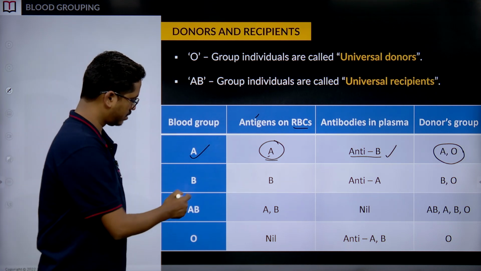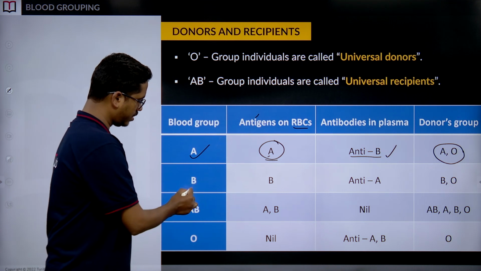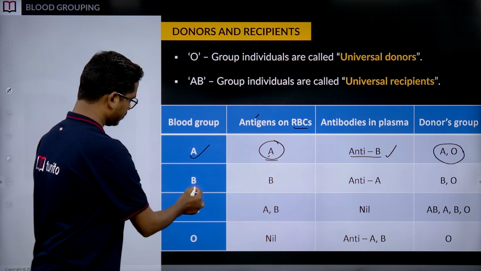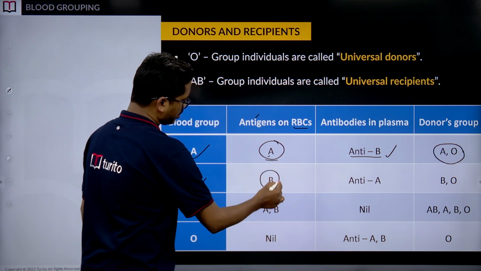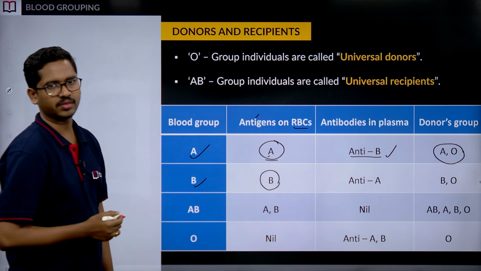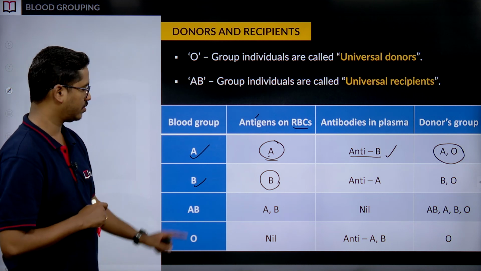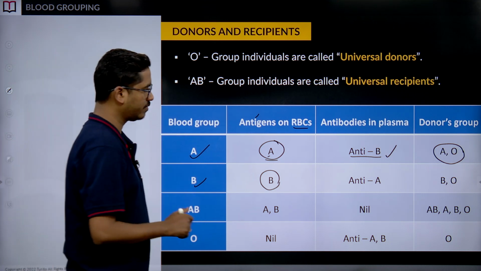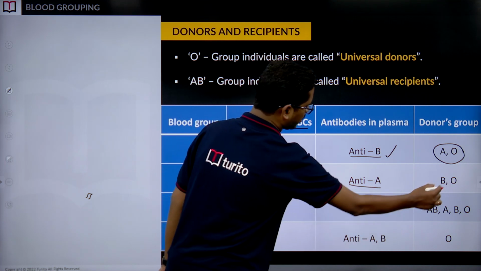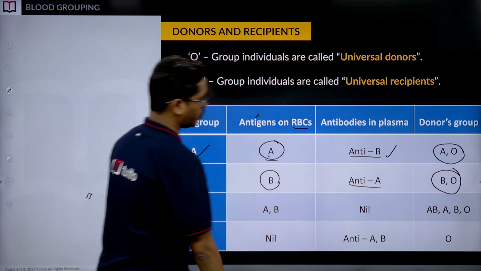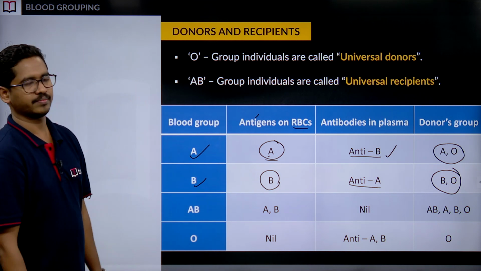Likewise, for blood group B, the person will have antigen B on the surface of the RBCs, following which you will see antibody A is present here and the donors are B and O. That is quite simple, right.